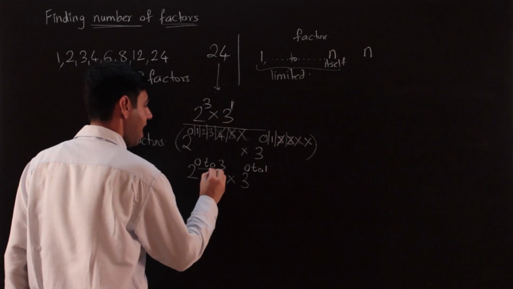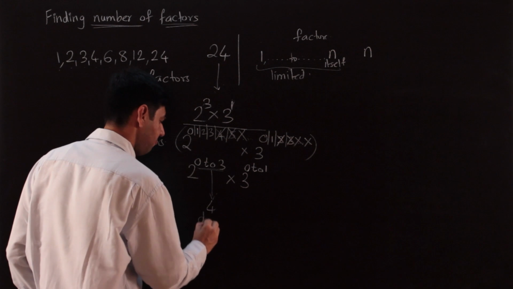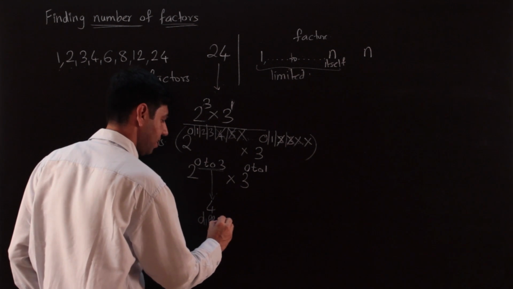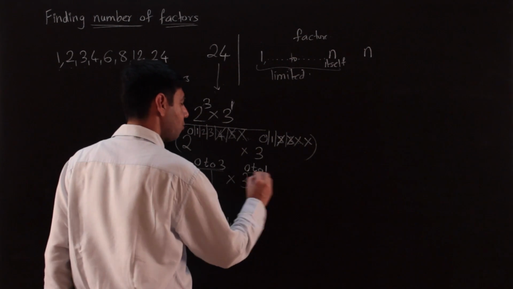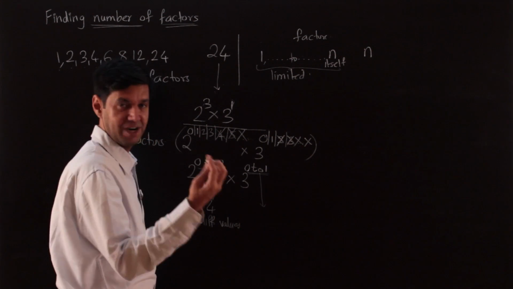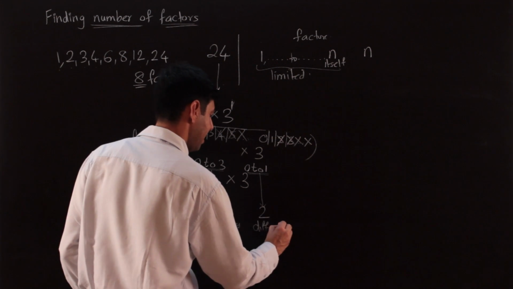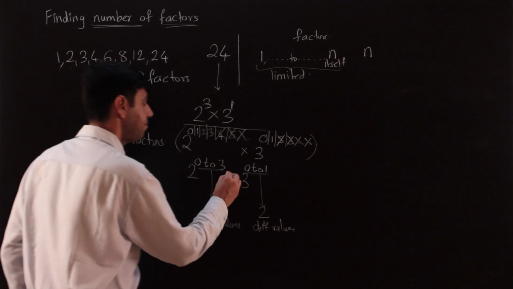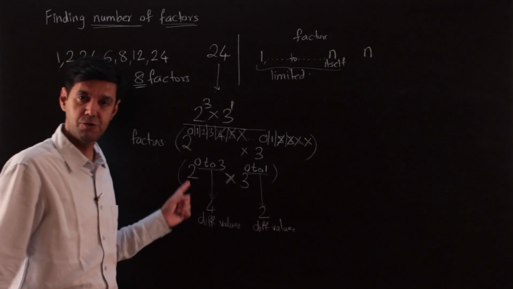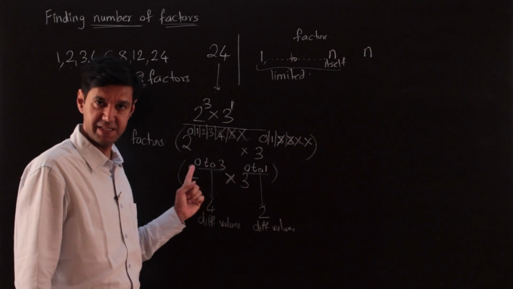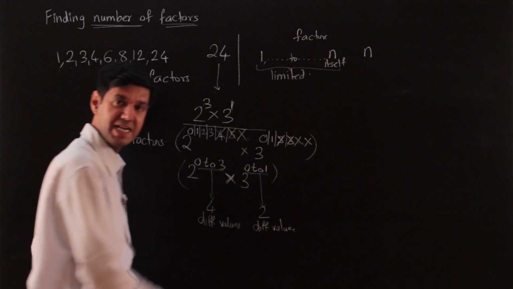0 to 3 are 4 different possibilities, or 4 different values you can get. 0 to 1 are 2 different values. 0 and 1 are 2 different values that we have, right? And we need a combination. So the factor is going to be any power of 2 with this limitation, any power of 3 with this limitation, and the two have to be multiplied together.